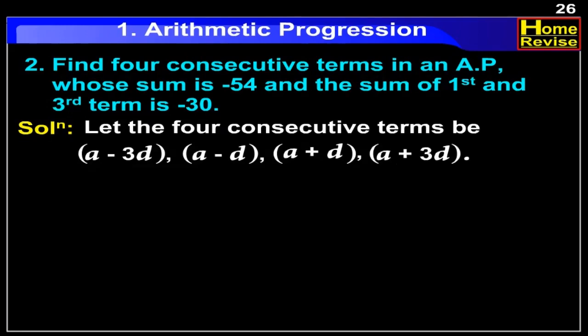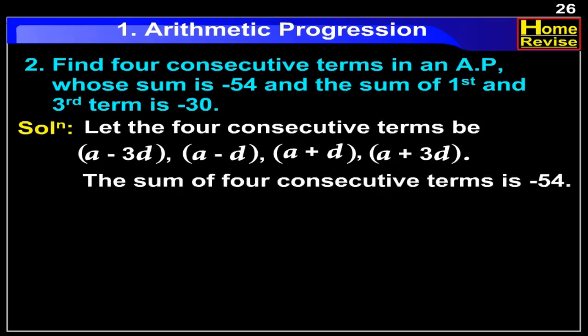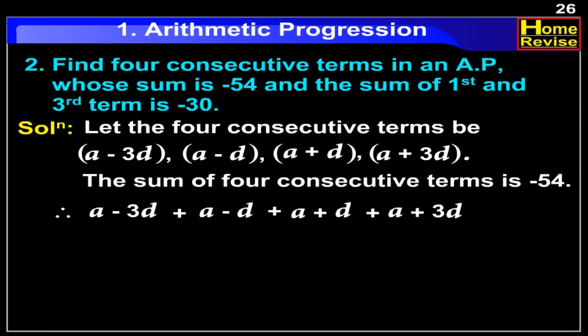The sum of 4 consecutive terms is given as minus 54. Therefore, we have (a minus 3d) plus (a minus d) plus (a plus d) plus (a plus 3d) is equal to minus 54.